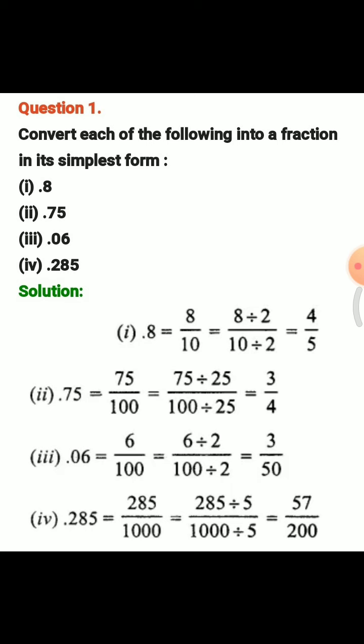Okay, so you multiply and divide by 10. So your answer will be 8 by 10. After that you convert it into the simplest term. You see it is a whole number, it is an even number and it is divisible by 2. So 2 4s are 8 and 2 5s are 10. Okay, 4 by 5 is in simplest form.